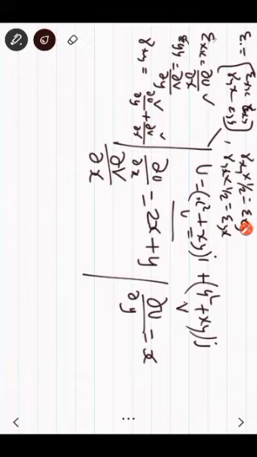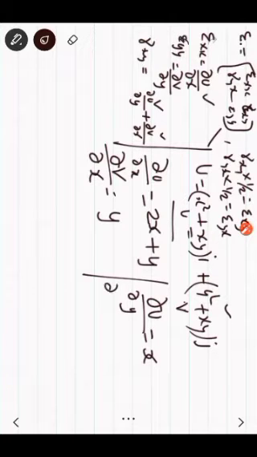Next is dou v by dou x. Where is v? V is here. Y square is a constant, and you have xy, because x differentiated is 1, so you get y.